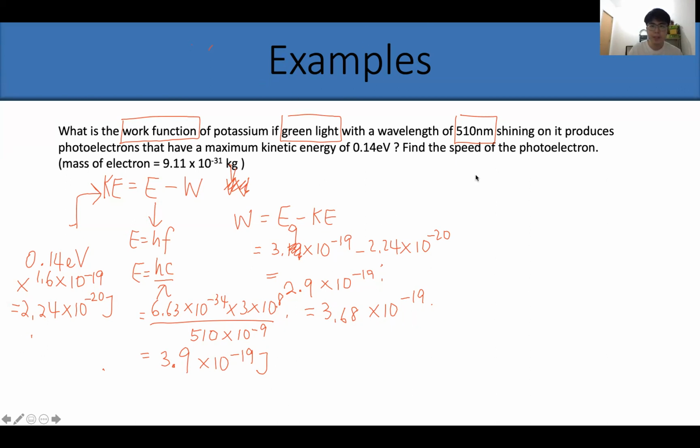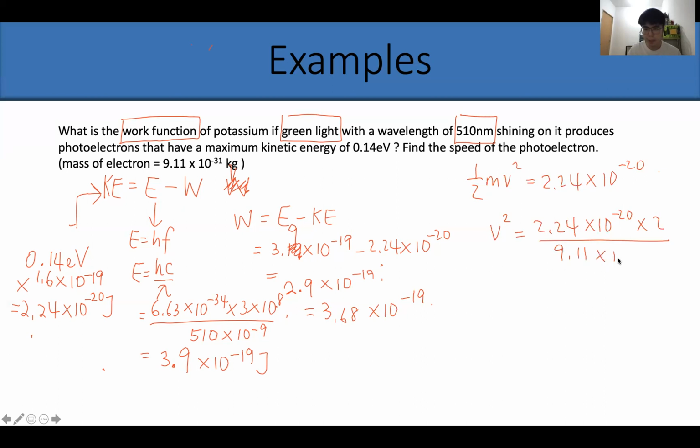So kinetic energy maximum, that's half mv squared equals 2.24 times 10 minus 20. Okay, we can find the v. So v squared equals 2.24 times 2, and then you divide by the mass of electron given here, 9.11 times 10 minus 31.